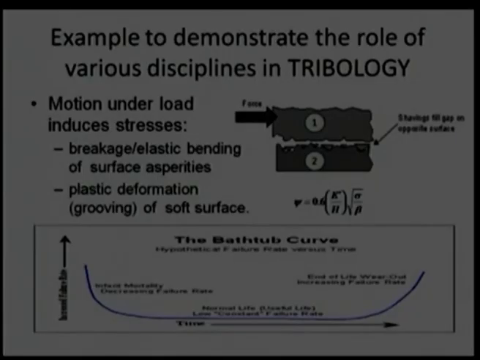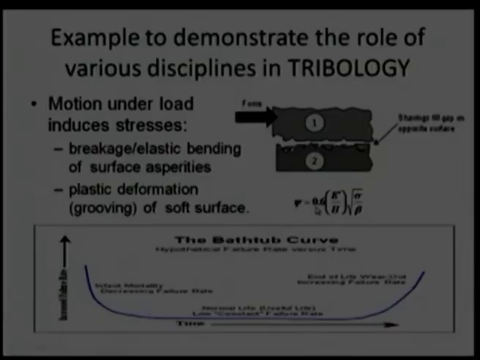There are a number of possibilities to enhance the life. For example, we can use a lubricant to avoid the breakage of asperities, but lubrication itself is a subjective term, whether thin film lubrication, thick film lubrication, or just partial lubrication.